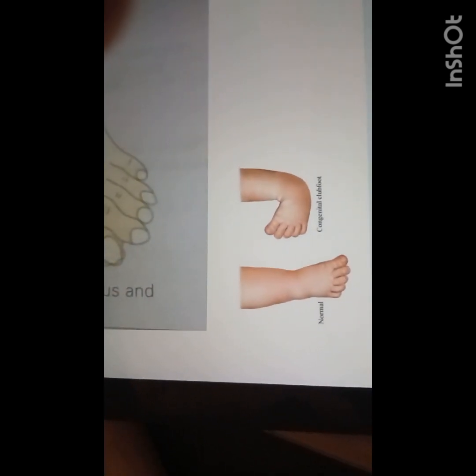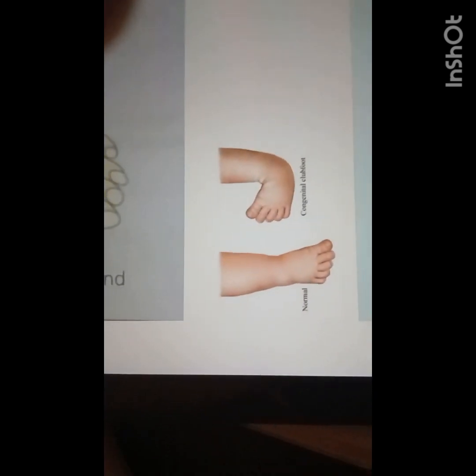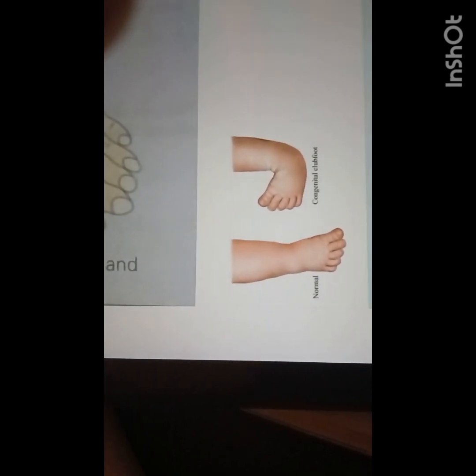What is talipes equinovarus? The foot is adducted, inverted, and you can also see to some extent it is plantar flexed.